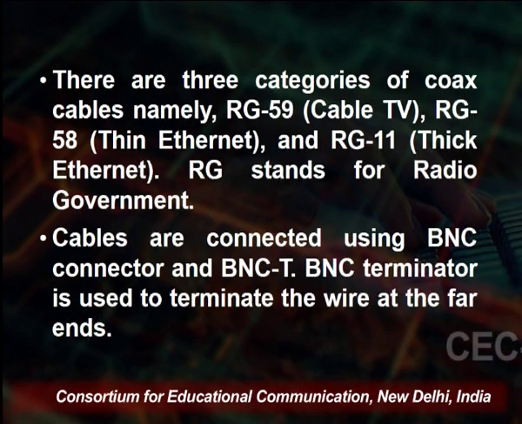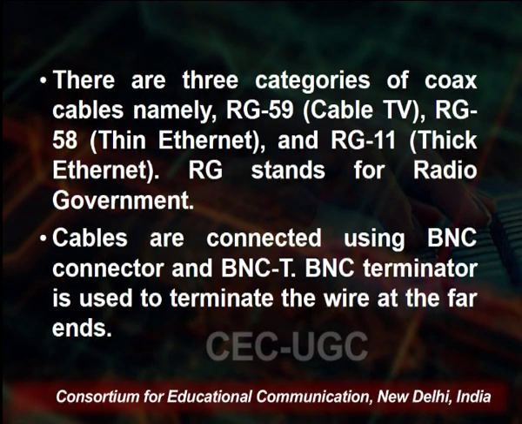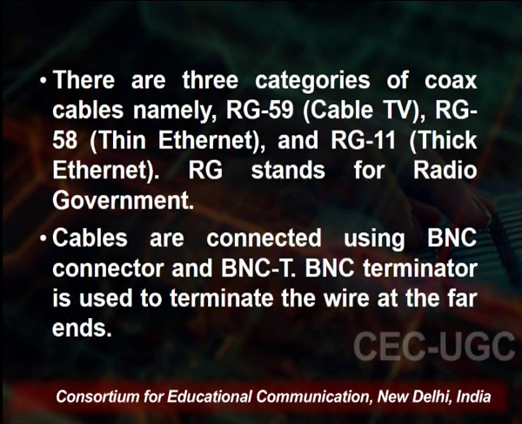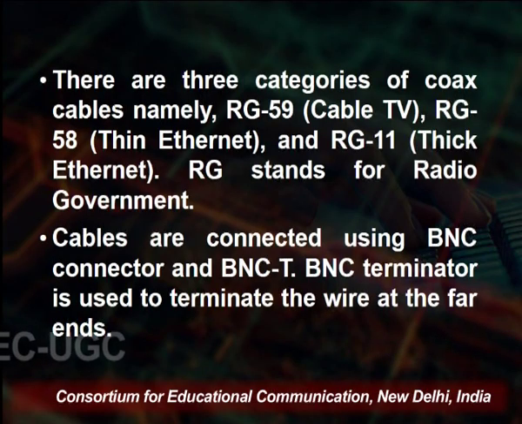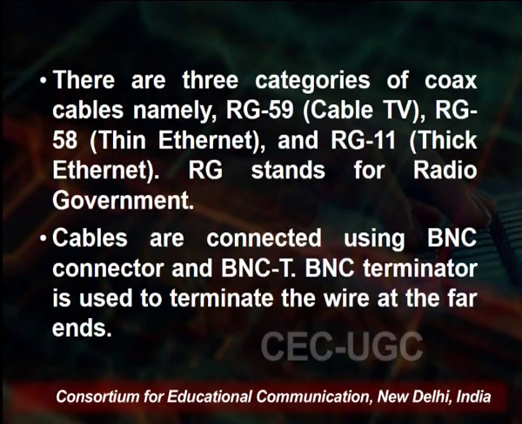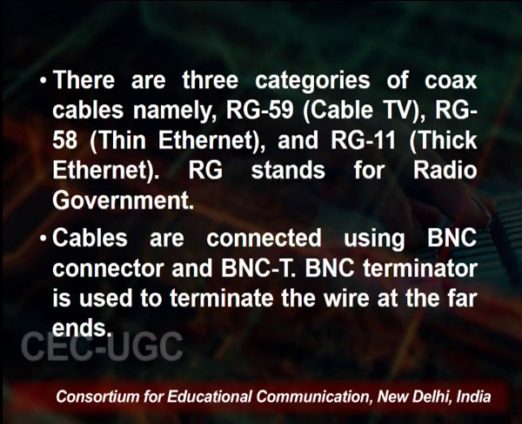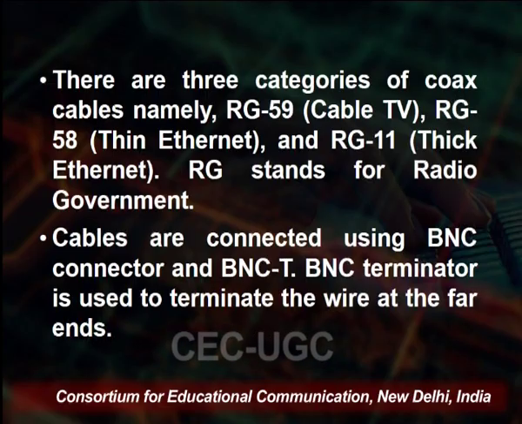Here RG stands for radio government. So, three categories of coaxial cables: RG59, which is mostly used in cable TV applications; RG58, which is more commonly used as thin Ethernet; and RG11, which is known as thick Ethernet.